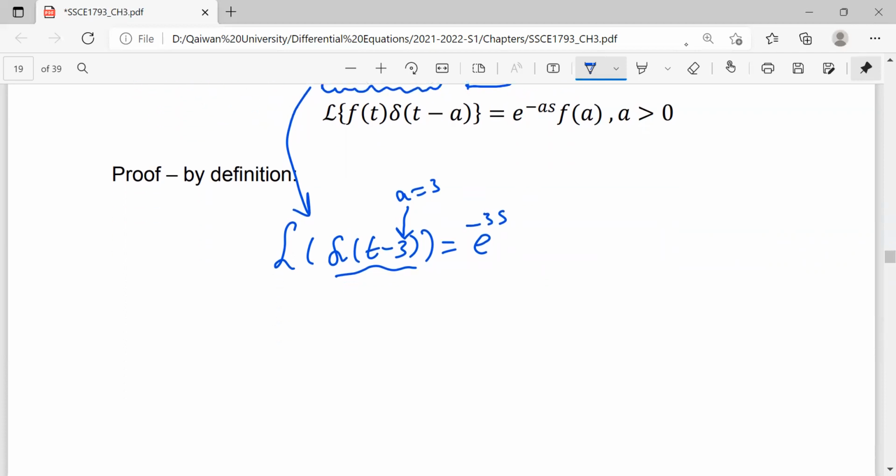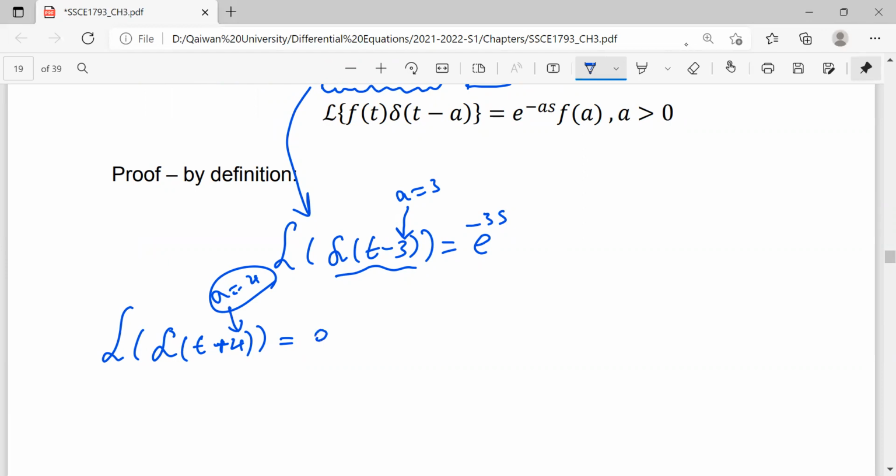Let's take another example. The Laplace transform of the Dirac-Delta function of t plus 4. How about this one? What's a here? A is minus 4, because the sign is positive, so a is minus 4. That's why it becomes positive.